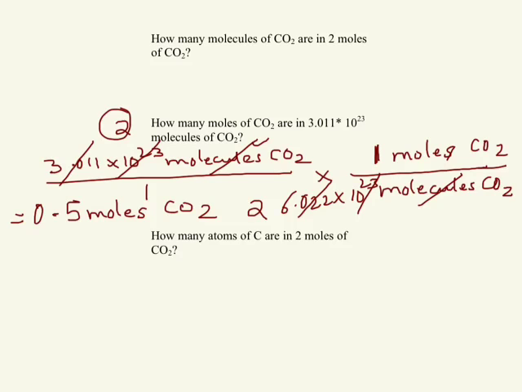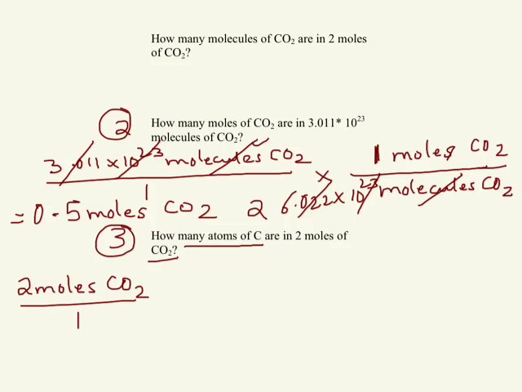I'm going to explain question number 3 also, just to tell you the difference between the second and third. In this one, how many atoms of carbon are in 2 moles of carbon dioxide? This is a little bit different. You start with 2 moles of carbon dioxide because that number is given to you in the question.